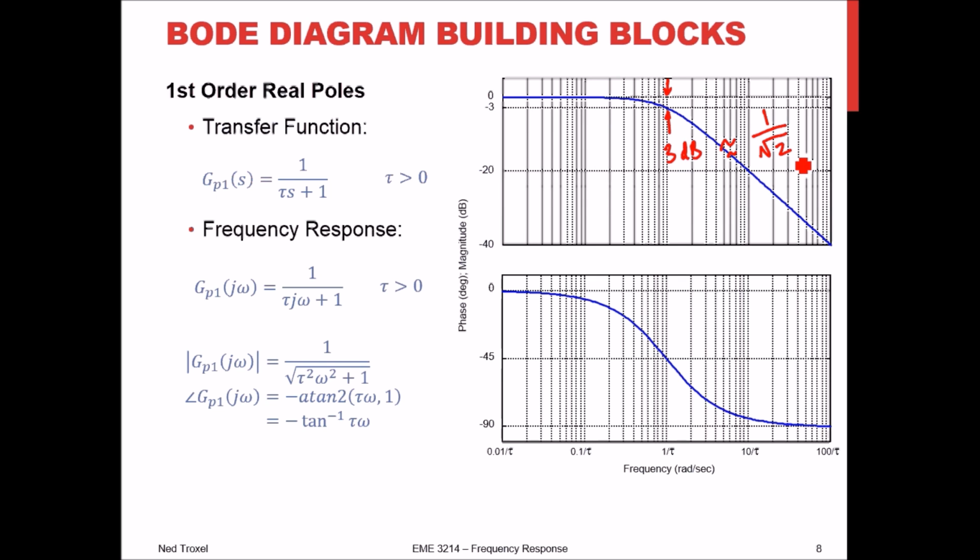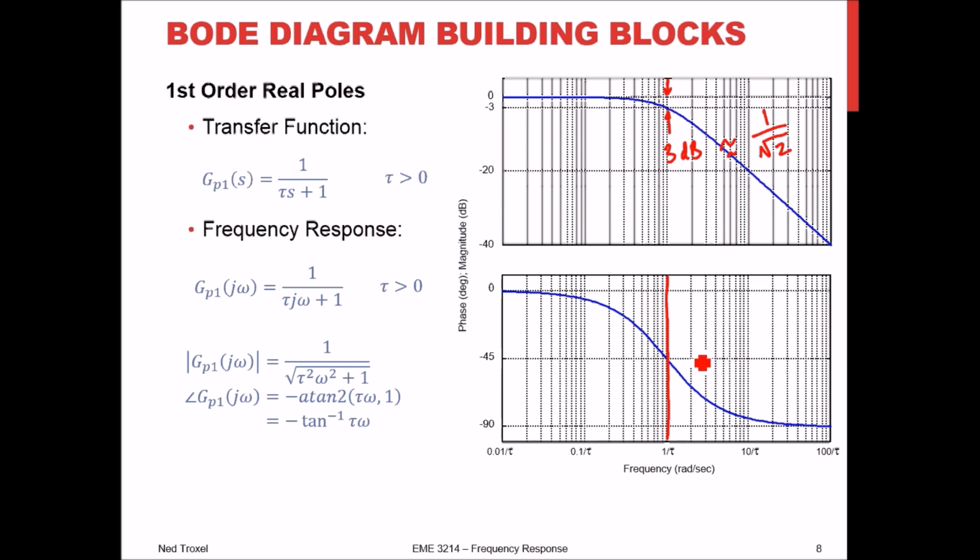Because once we put in for s a j omega, and omega is 1 over tau, we'll have 1 for the imaginary part, 1 for the real part on the bottom. That's useful because it's about the point where the graph would be at half of the power. When you square this, you get a half. So we often talk about the 3 dB down point, and we call this the cutoff frequency.